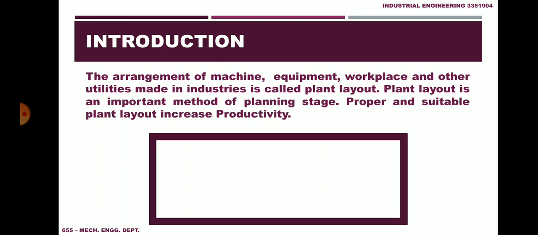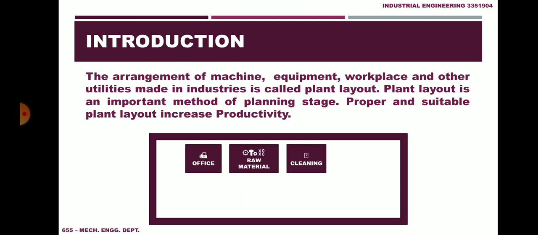Here, one layout is given starting with admin office, then a raw material storage, then there is a cleaning department, then it moves to auxiliary machine on which the basic primary function of processing is done.